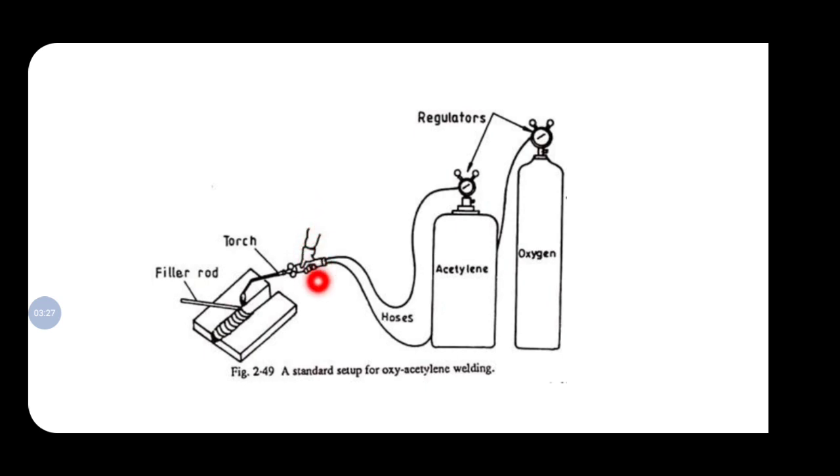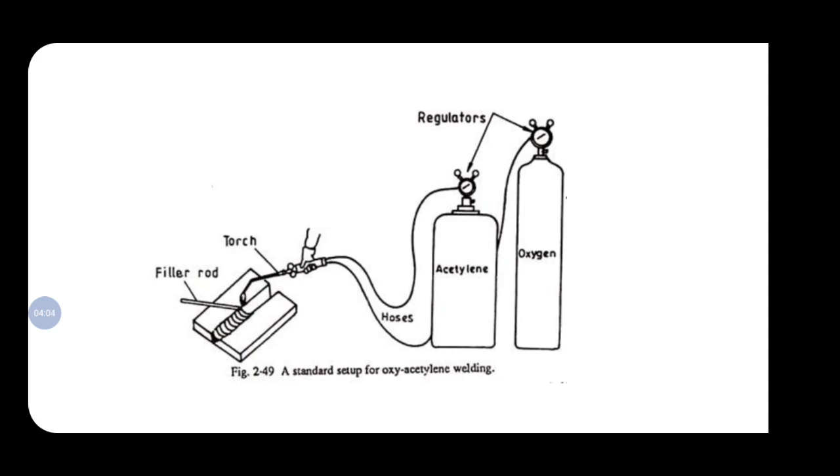A person is holding the torch, mixing oxygen and acetylene in the mixing chamber. You have to ignite the gas. You use a filler rod sometimes, based upon the requirement, and sometimes it is not used. The flame melts the filler rod and the workpiece, and after solidification you get a strong joint.